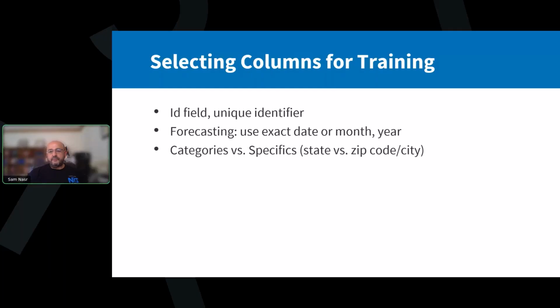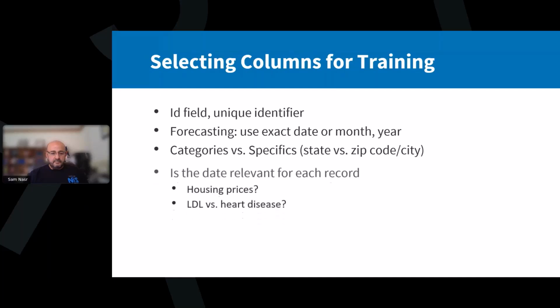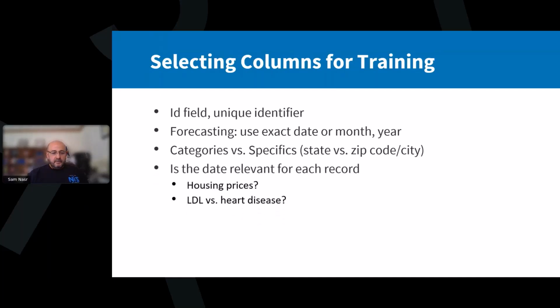For example, if I'm tracking home sales, do I want to look at the state that the home was sold in, or do I need to drill down into the zip code or maybe even the city to help predict what the outcome would be? And as I mentioned earlier, the date, is it relative for each record? Do I need to take that into consideration?